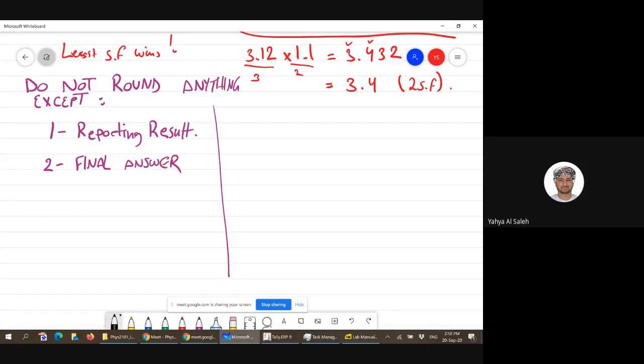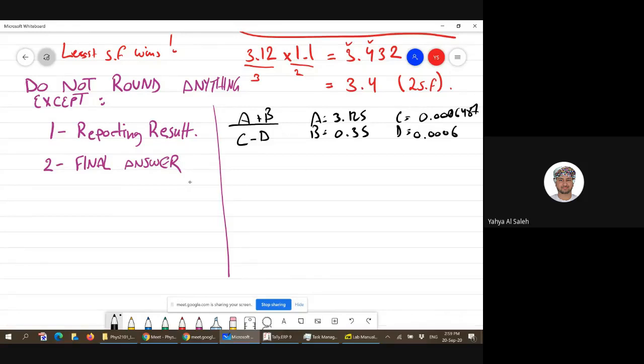The question is A plus B, divided by C minus D. A, B, C, D: 4 significant figures, 3 decimal places; 2 decimal places, 2 significant figures; 7 decimal places, 4 significant figures; 6 decimal places, 3 significant figures. Now, it really depends how your question is written.